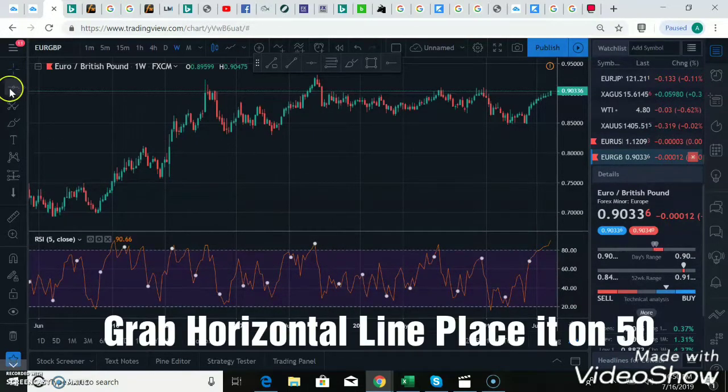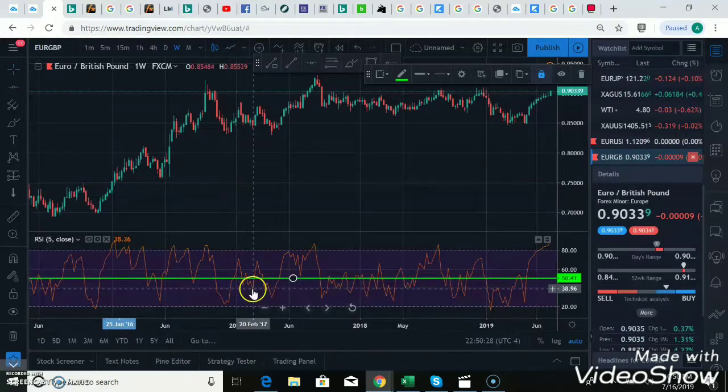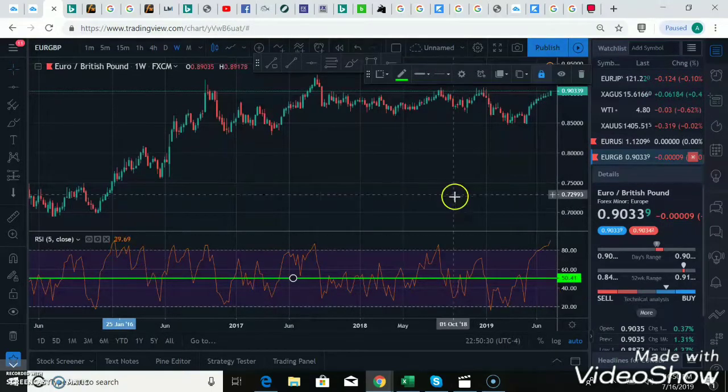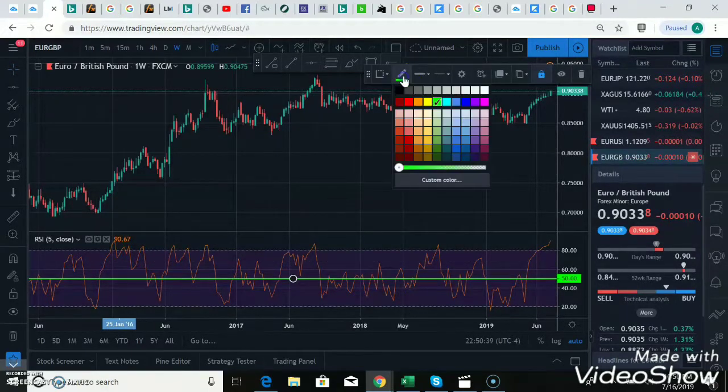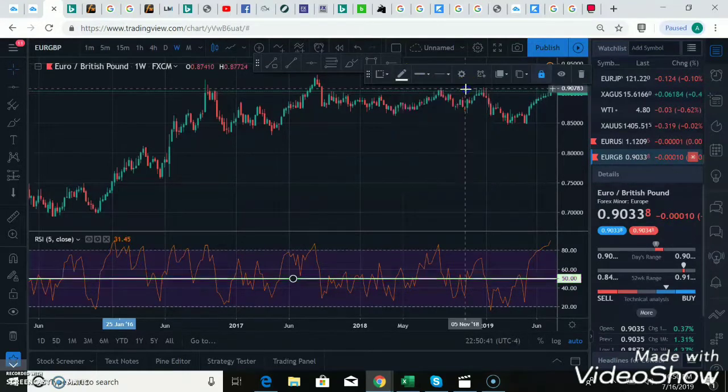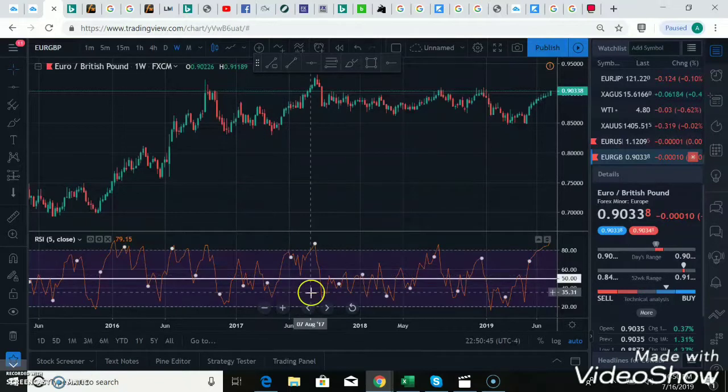So we'll use this right here, and we'll take the horizontal line, and we'll place it right here, 50. Now, it's not exactly at 50, so I'm going to go in here. I made it 50, and I like using the color white. So, good. So now we have our RSI, okay?